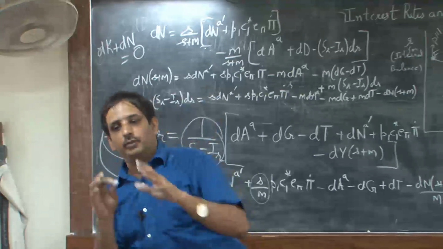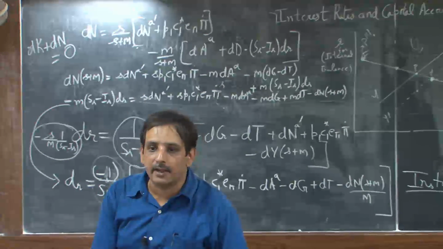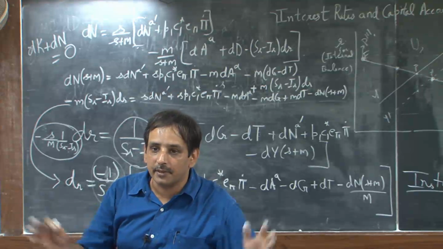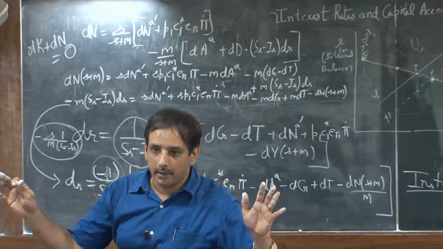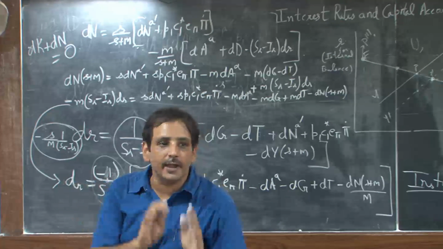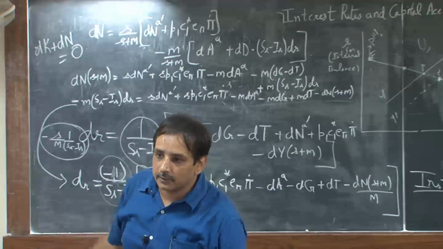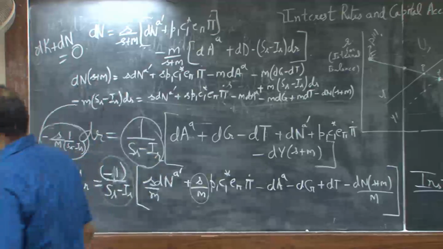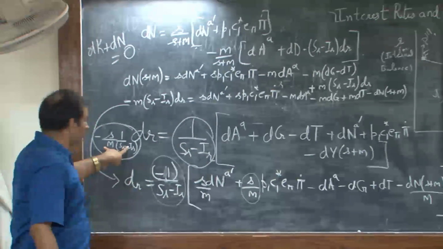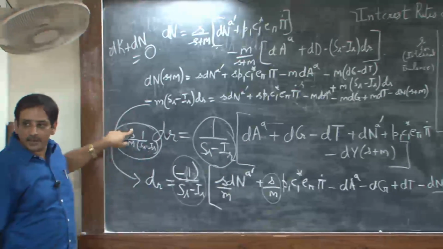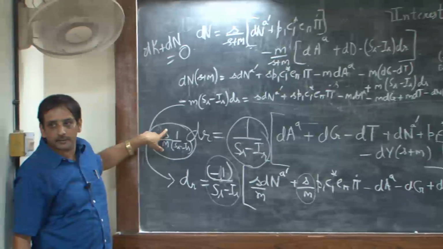Now, think of two scenarios: when S is greater than M and when S is less than M. Remember, this is an open economy, right? So M can be greater than S. Now, what do you think will happen to this, if M is greater than S, in an open economy?